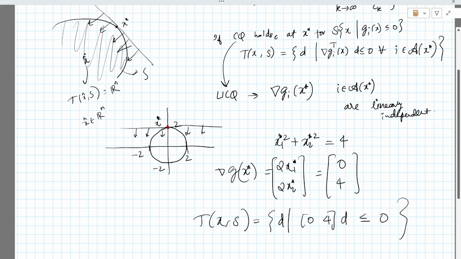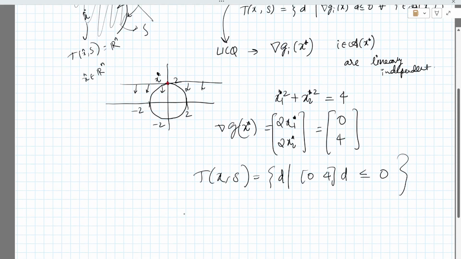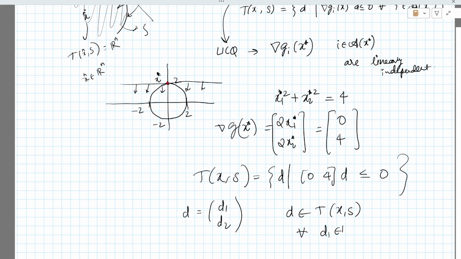So this will be true for d of this form, d1, d2, then d is in the tangent cone for all d1 in R and d2 less than or equal to 0.